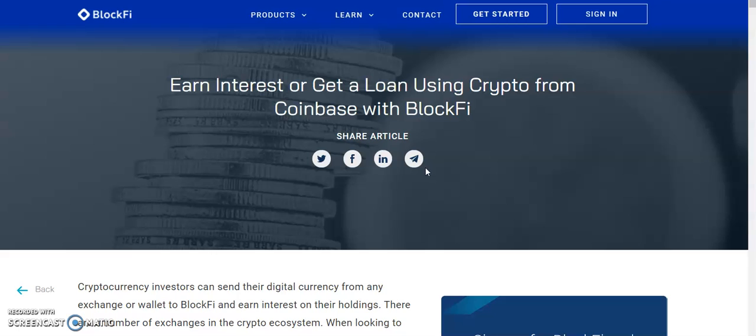And as I said, I just bought some Ether on Coinbase and transferred it over to BlockFi. Unfortunately, BlockFi doesn't have the mechanism that I want to transfer directly to them from my fiat account. So I have to go through Coinbase, but in the future they are going to have ACH.